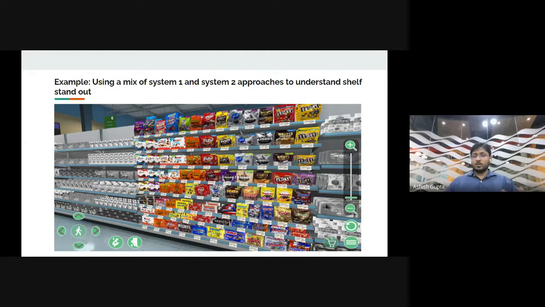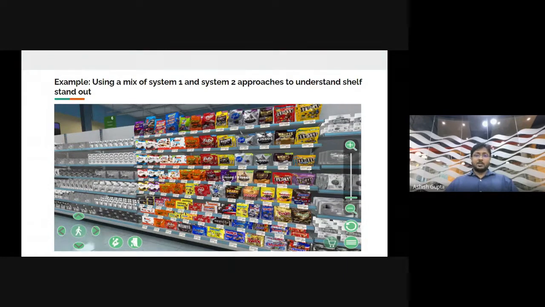What you're asking the respondents to do is browse like they would normally do. At the back end, the data is captured automatically: how much time they spend on the shelf, how much time they take to find a specific product, or what pack or product they pick out from the shelf, which is again very system one led, right? You're asking people to not state something, you're rather asking them to do something, which is more realistic in terms of understanding how people typically shop.